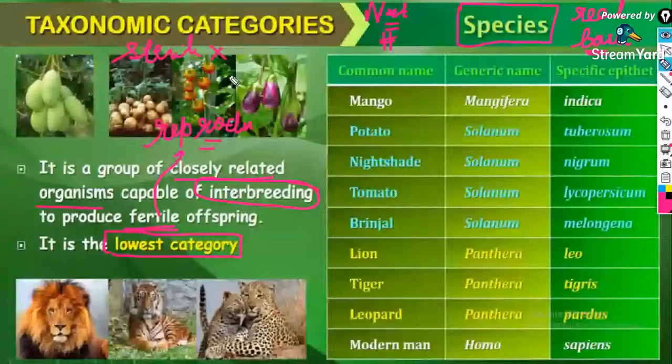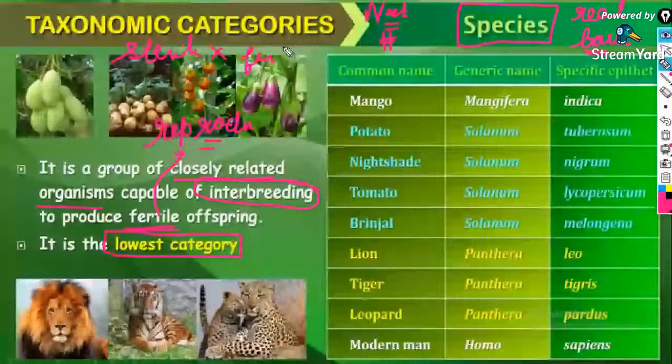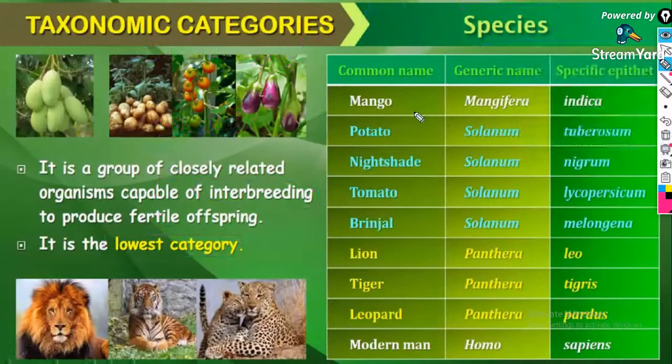Fertile means they are able to produce their own offspring. Guys, this term is very important. What makes a species? They have to interbreed among themselves. Guys, here are some examples. I will be giving you only the terms which you have to study.